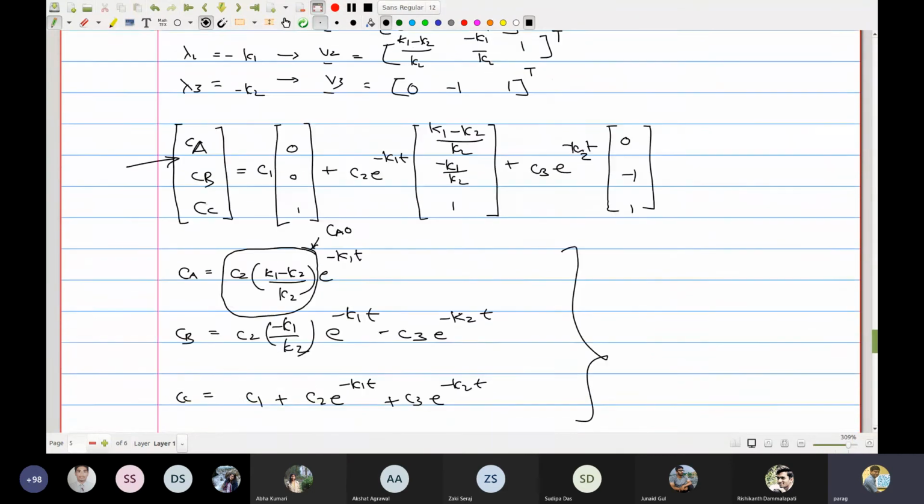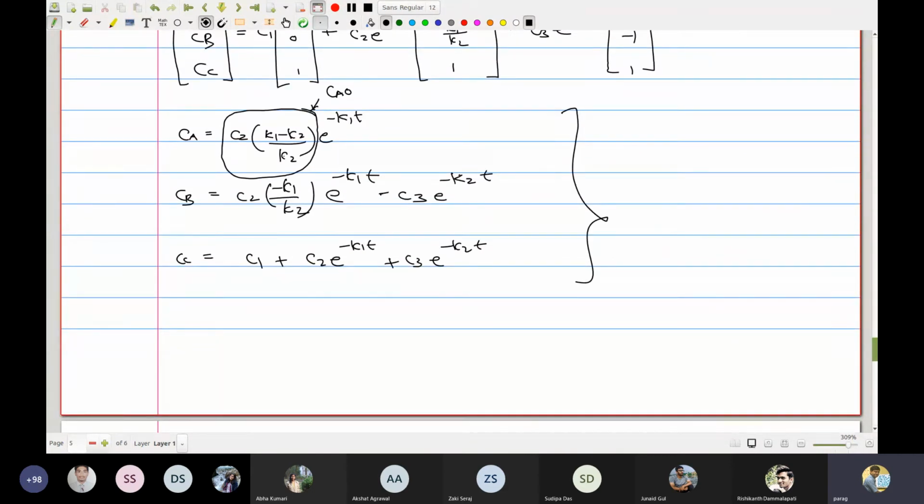So we are now interested in looking at the dynamics of CB, right? So CB is basically C2 times minus K1 by K2 e to the power minus K1t, plus C3 e to the power minus K2t, right?